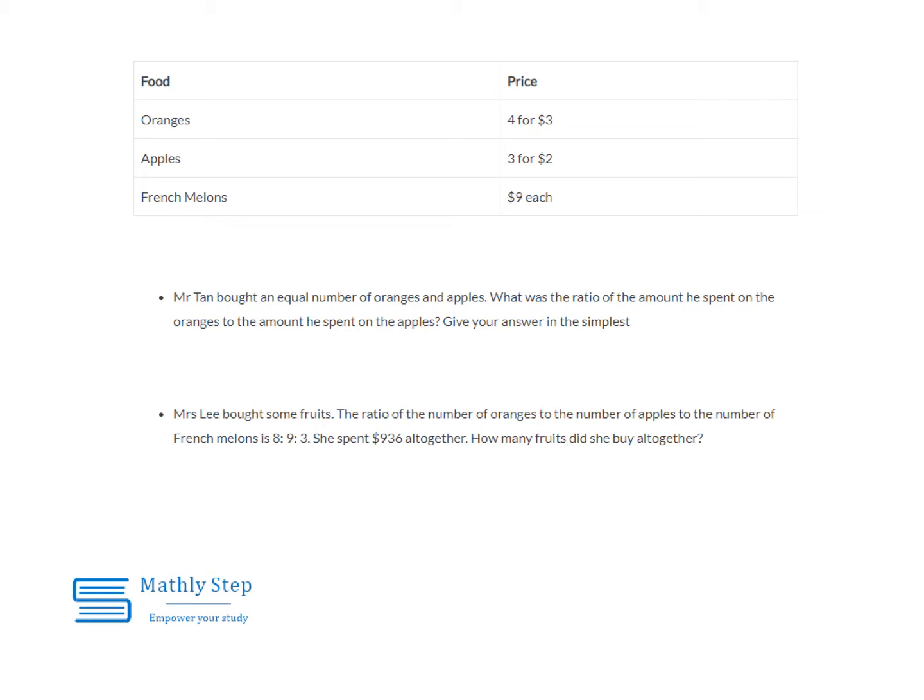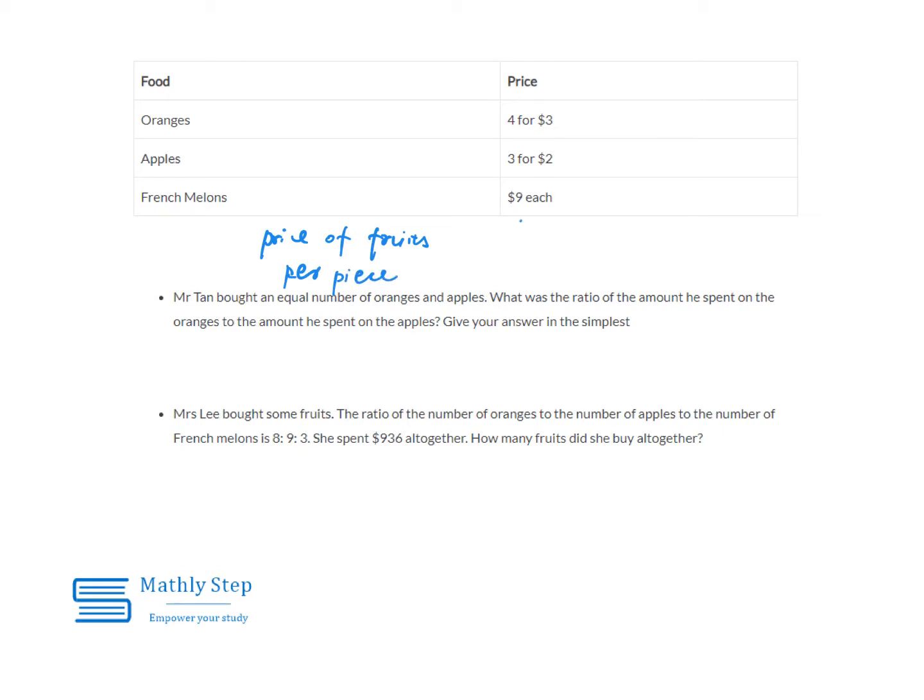Okay, since Mr. Tan bought equal number of oranges and apples, the amount he spent on these two fruits should be just the ratio of the price for each piece of orange and apple. Now let's write down the price of fruits per piece.